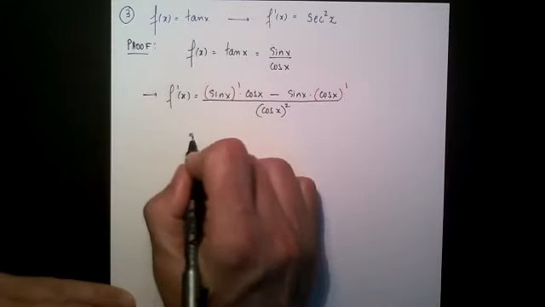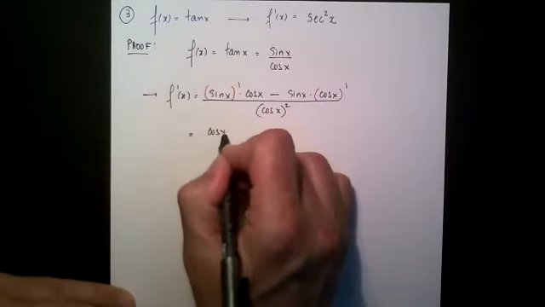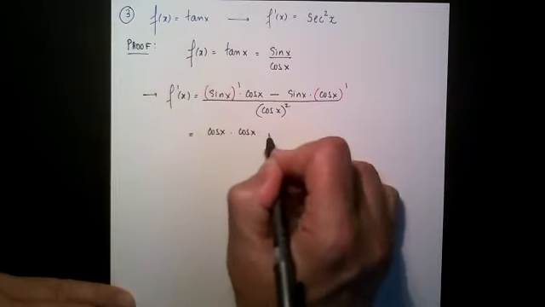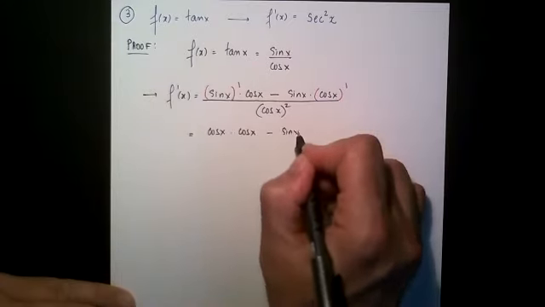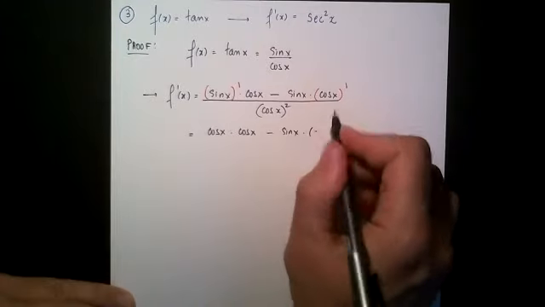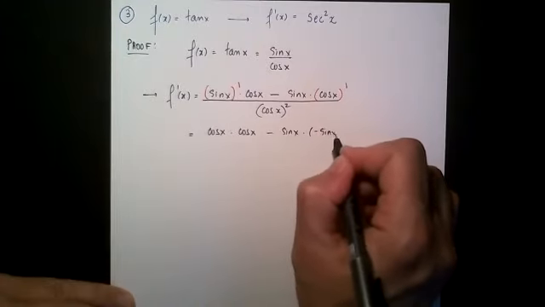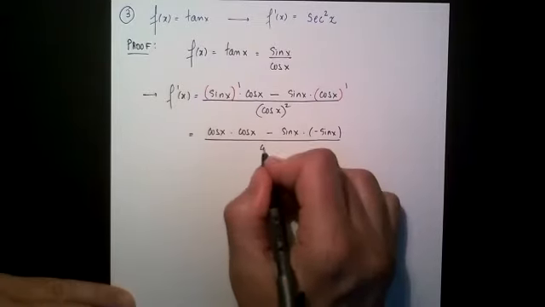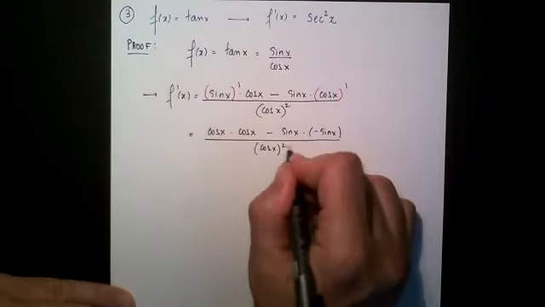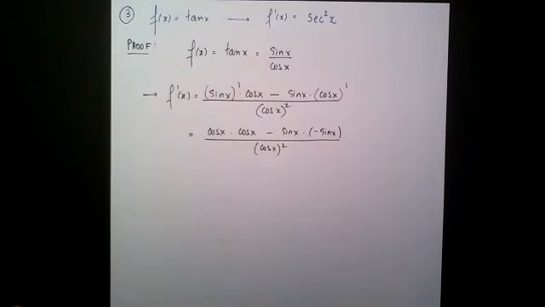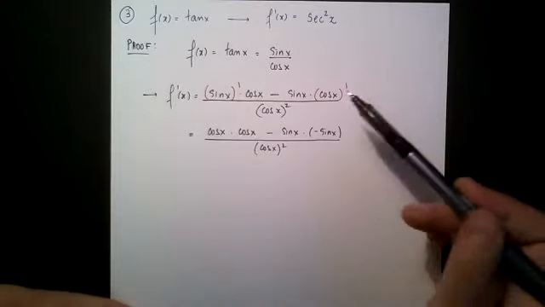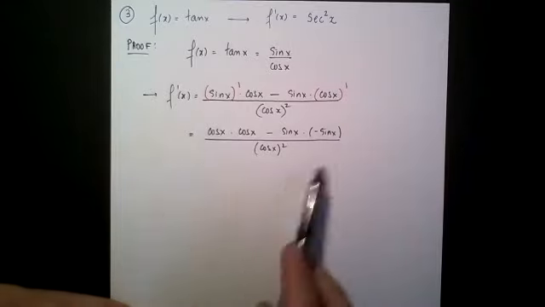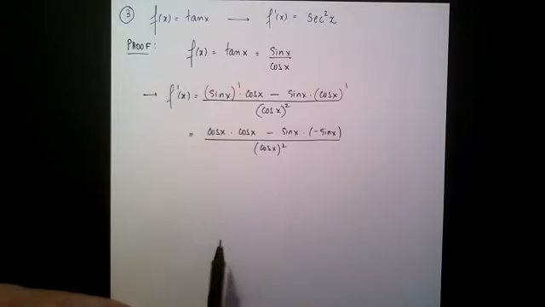So this is cos x, minus sine x times minus sine, divided by cos of x squared. I don't need to go to the limit definition now. No more limits. I just used the limit definition to show the sine and the cosine. The rest, I can use that fact.